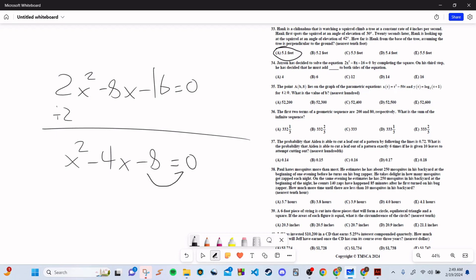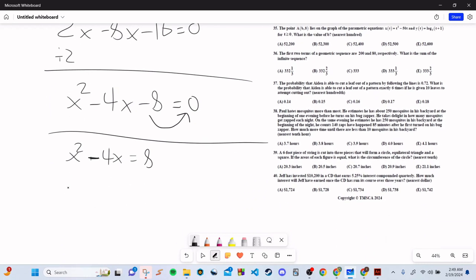Second step, we want to move the negative 8 to the other side. So then it's going to become x squared minus 4x equals 8. And the third step is we're going to add to both sides. We want to add b over 2 squared to both sides.